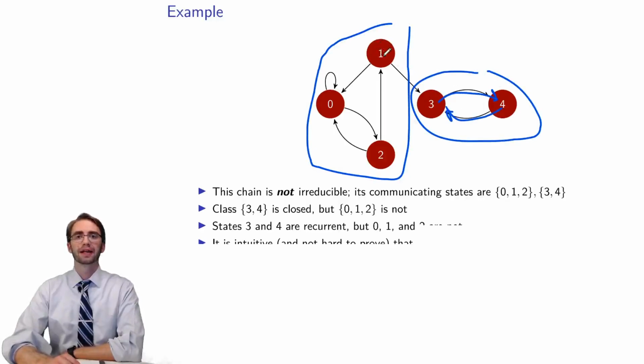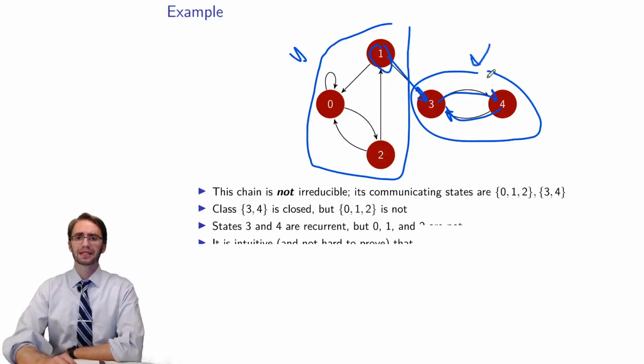But then you can see here, 1 and 3, for example, do not communicate, because if I'm in state 1, I can get to state 3, but then I can never get back into this left group over here. I can never get back to state 1. So 3 and 1 do not communicate, and 3 and 0 and 3 and 2 do not communicate either. These two groups here that I've identified do not communicate with one another.